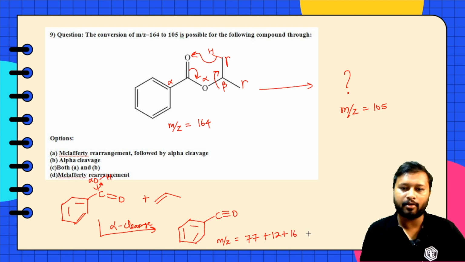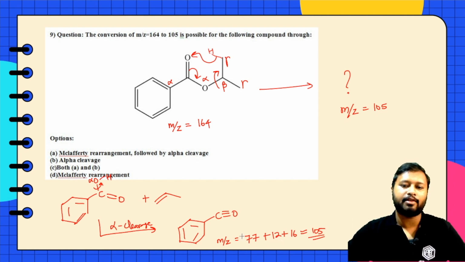If you add all of them, you are going to have 105. So you have actually converted from 164 to 105.